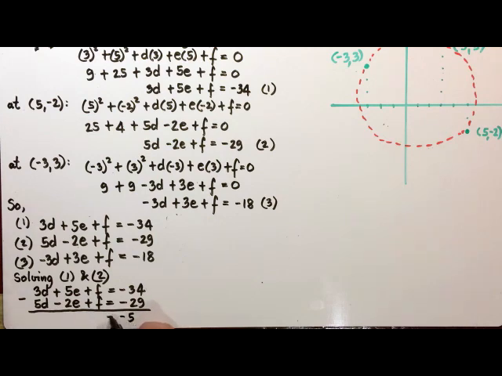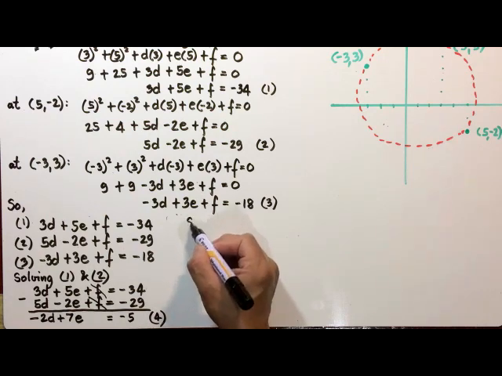And f minus f is 0, so this cancels. 5e minus the negative 2e is the same as 5e plus 2e, which is 7e. And then 3d minus 5d is negative 2d. The result is my new equation 4.